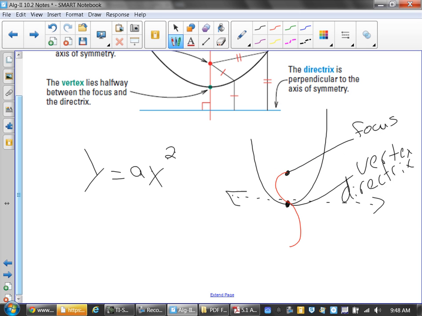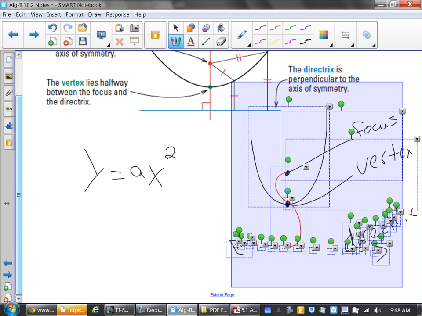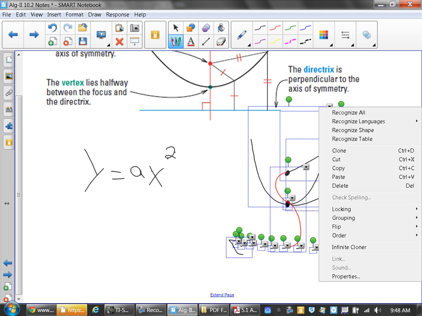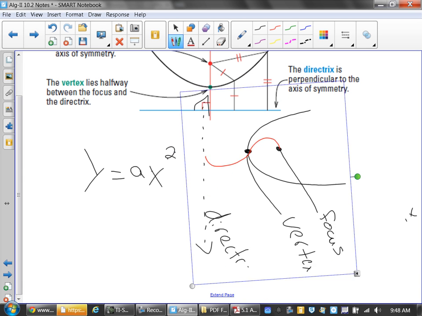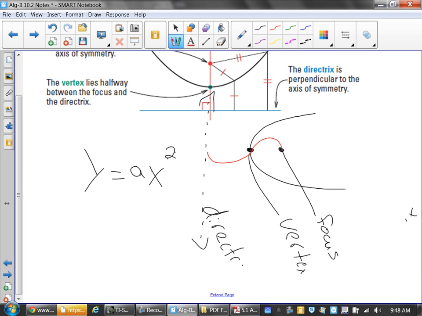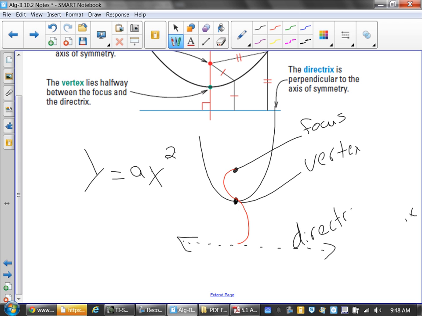But since it can't, it won't. When I turn this like that, it still does the same thing. Those parts are still there. They're still in the same spots. Your curves are always going to open up to the focus, and the directrix would be behind it. All right? Not so bad?